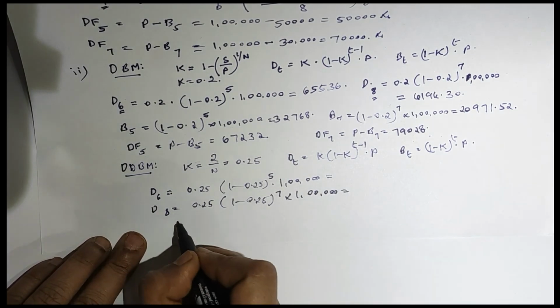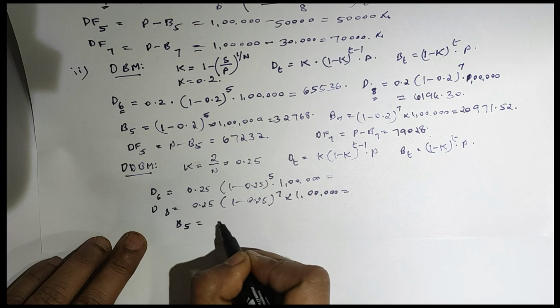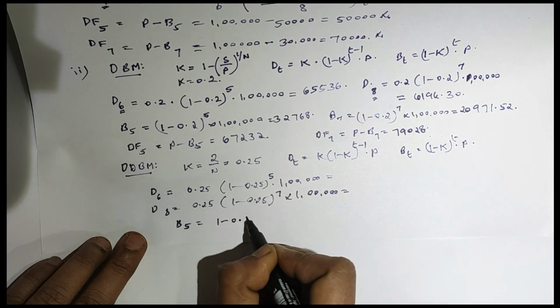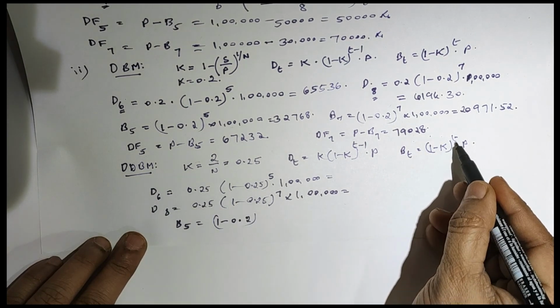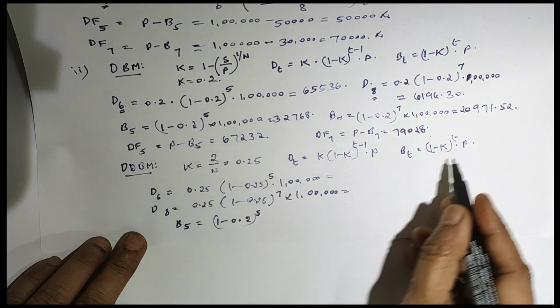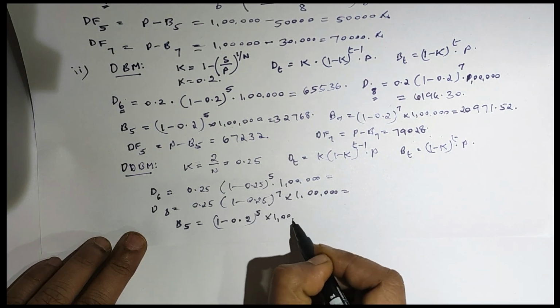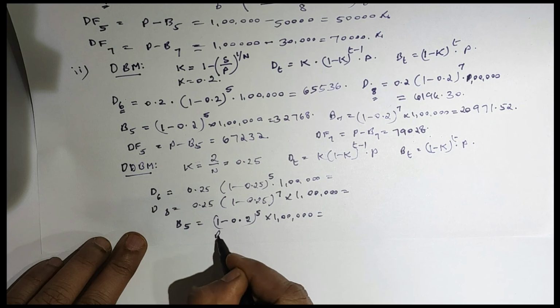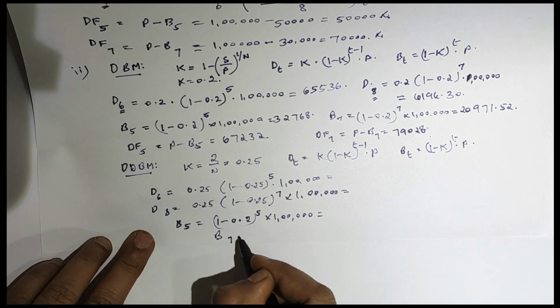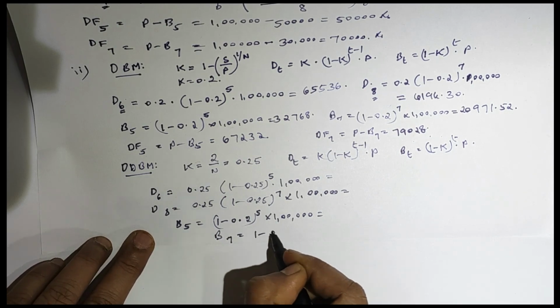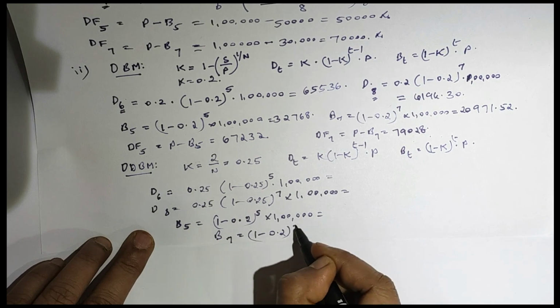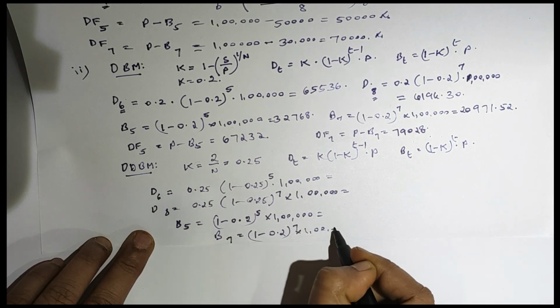Now coming to B5 equals (1 minus 0.2) raised to the power t, t is 5, into 1 lakh. And then B7 is equal to (1 minus 0.2) raised to the power 7 into 1 lakh.